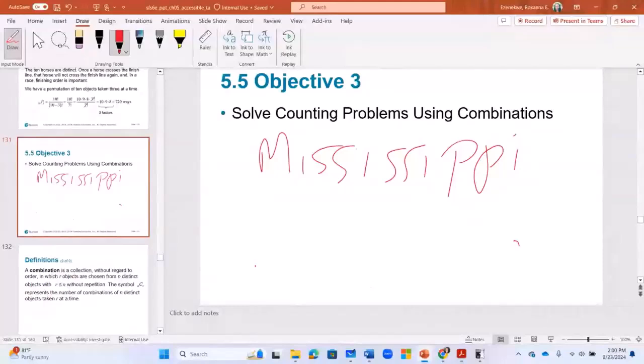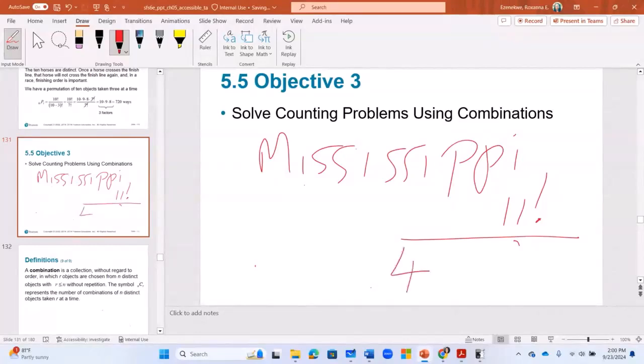Anyway, the most important thing is to count all, what is the sample space? 1, 2, 3, 4, 5, 6, 7, 8, 9, 10, 11. There are 11 letters, and they may not be different. Divided by, is there any repetition? Yes.